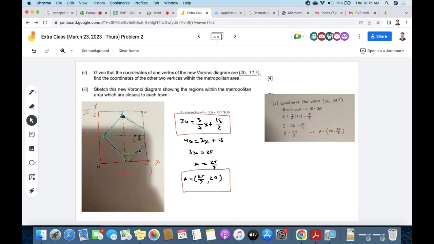So let's try to do the bisector of IG. Okay? So again, to find the equation of the bisector of IG, first we need to find the midpoint. The midpoint is the point located on this line. I hope by now it's pretty clear already where we're finding the midpoint. Do you all copy?